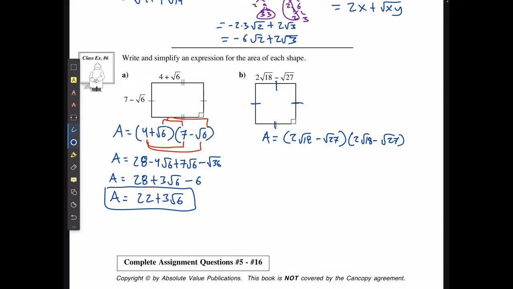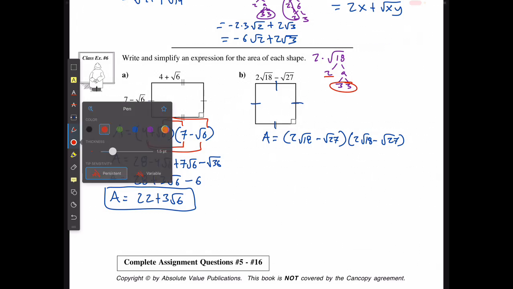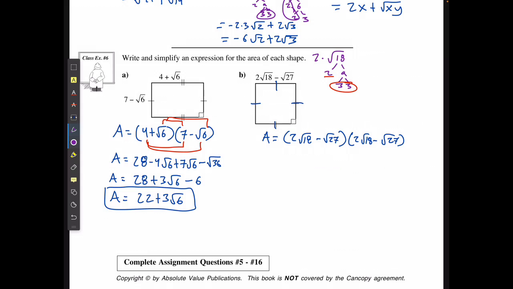I can probably simplify these, so I'm going to start with 2 root 18. And that's going to give me 2 and 9, 3 and 3. So what I actually have is 2 times 3 times square root of 2, or 6 root 2.